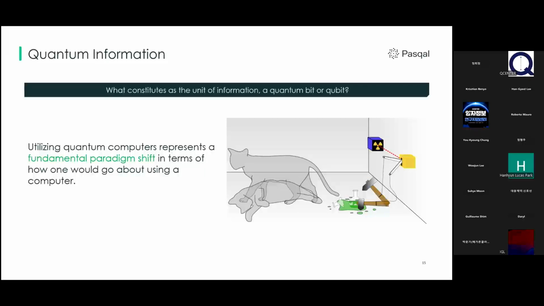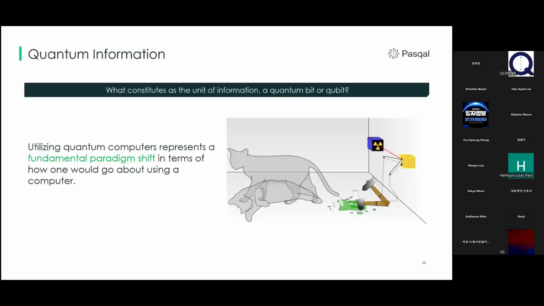The detector is then connected to a poison, and with this setup, you are going to close the box and release this particle that you have kept inside it. So two things can happen according to Erwin Schrödinger.